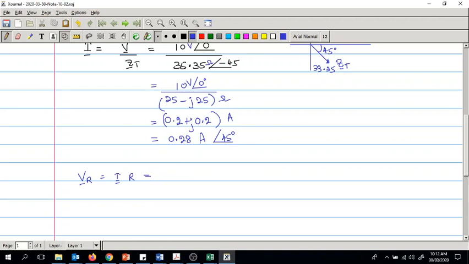So either you do 0.2 plus j0.2 amperes into R, which is 25 ohms, or you can write it as 0.28 amperes, angle 45 degrees, into 25 ohms. Both will give us the same answer.